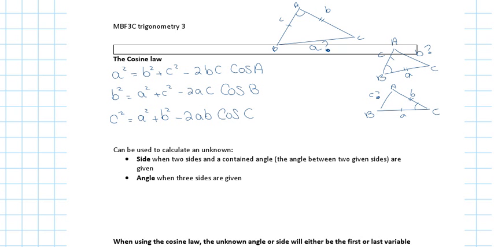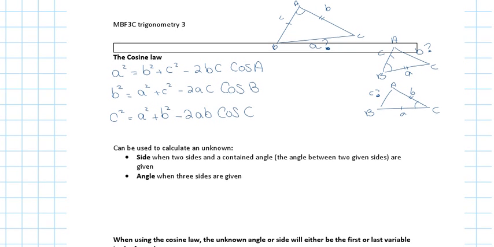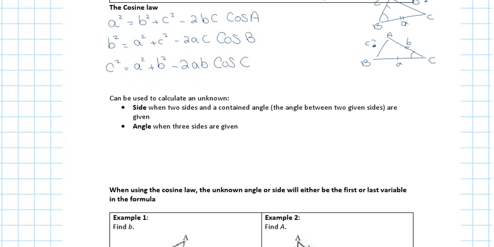The other scenario to use the cosine law is if I have all three sides. No angle is given. I know all three sides. If I know all three sides, I can look for any of the angles.